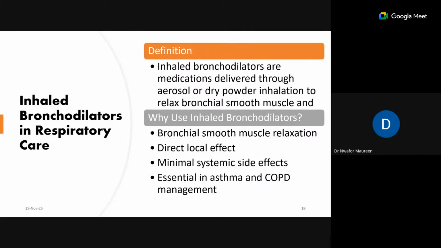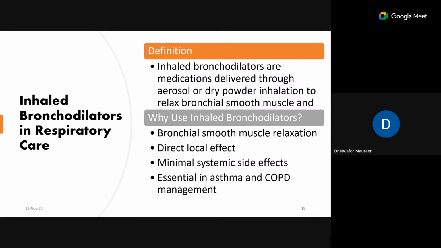Now, let's talk about the bronchodilators. As I said earlier, we will be repeating beta-adrenergic agents and anticholinergics, as the case may be. You can't talk about respiratory care without talking about bronchodilators. These are inhaled agents delivered through aerosol or dry powder inhalation to relax the bronchial smooth muscle and the airways.